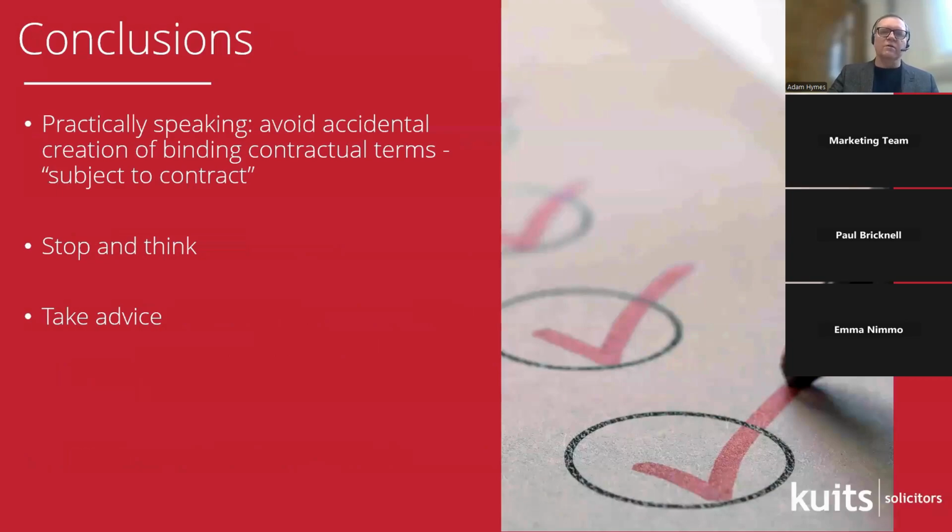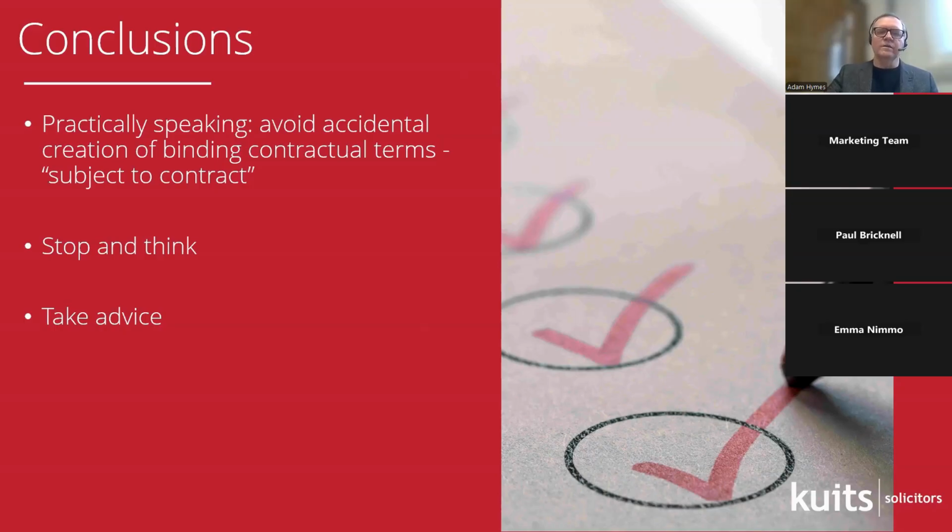Again, final conclusions. Practically speaking, the takeaways from this case and thinking about the matter generally are to try to avoid the accidental creation of binding contractual terms. I mentioned the construction case of JV Homes. In that instance, it was held to be a binding contract, so it can happen. Key point, always mark correspondence subject to contract. It's something that's drilled into us lawyers at an early stage.